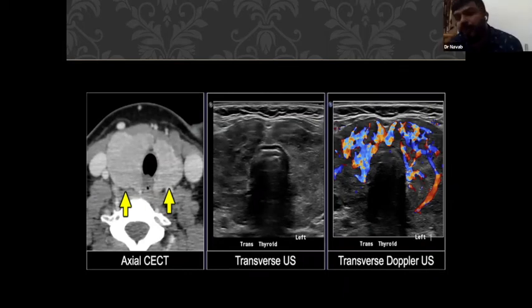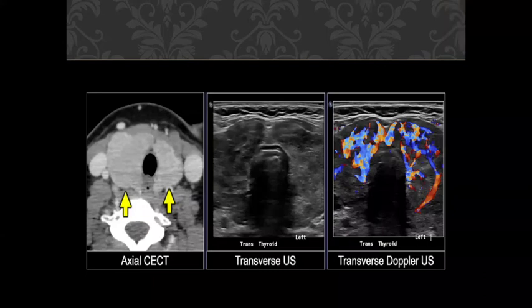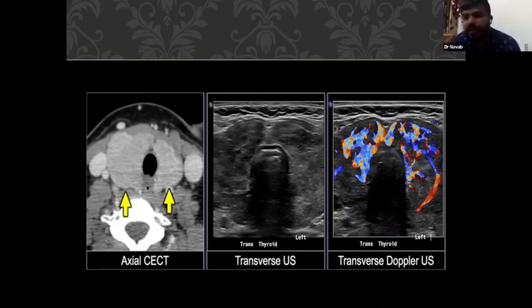What is the range of PSV that comes in a case of Hashimoto thyroiditis? Almost what range of PSV are we seeing? Because in thyroid toxicosis also there will be increased vascularity, right? It is differentiated on the basis of PSV of the superior thyroid artery. Usually it is above 40 in case of Graves' disease.